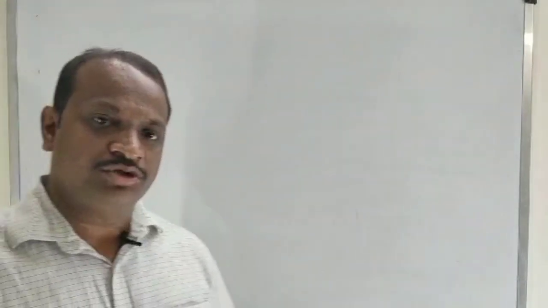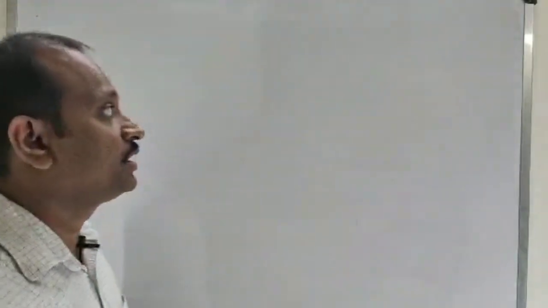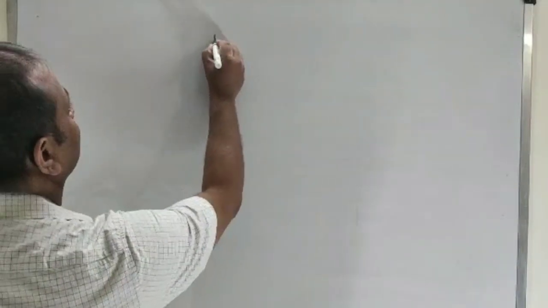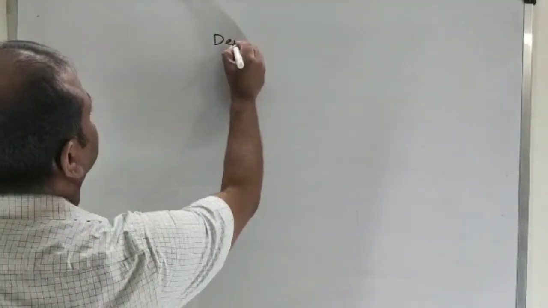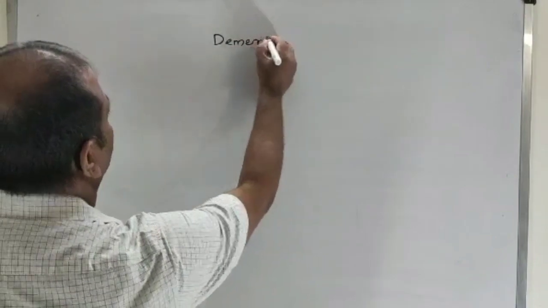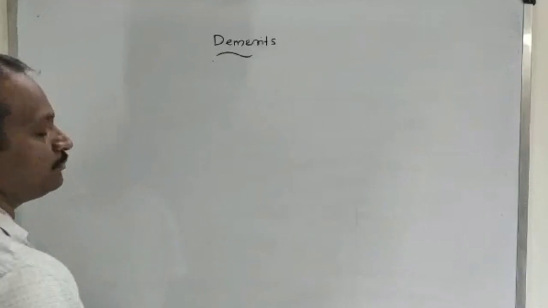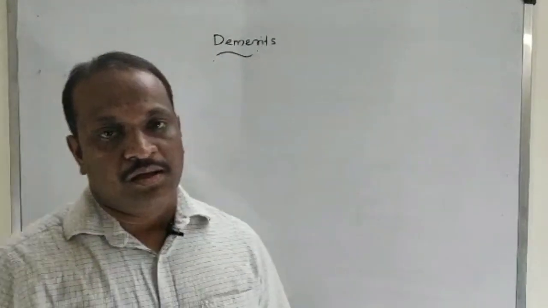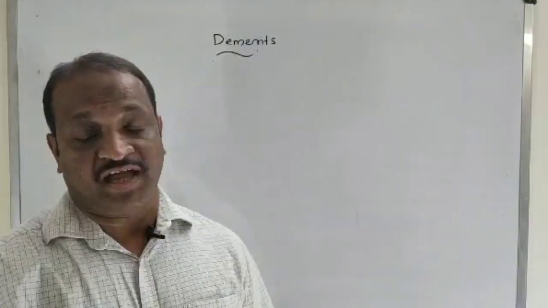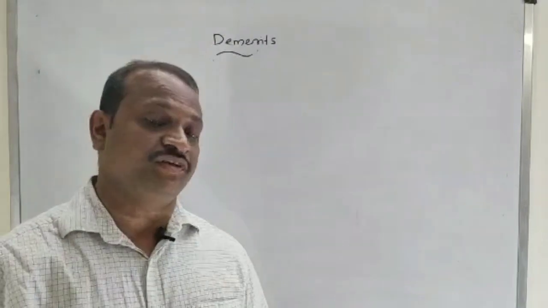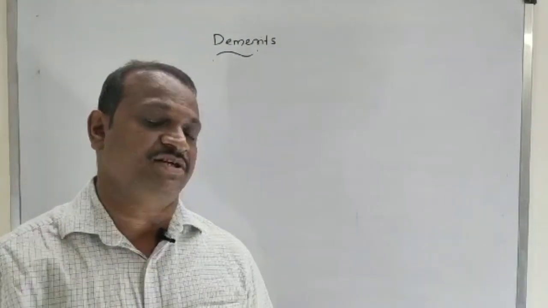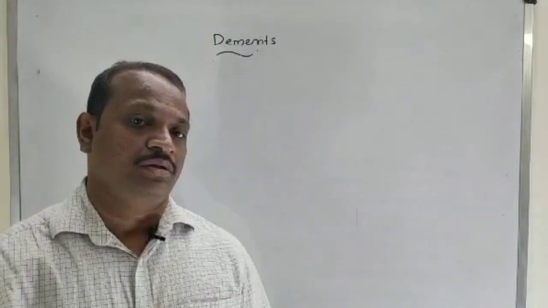Now let's talk about the demerits of Mendeleev's periodic table. First demerit: it is based on the increasing order of atomic weight. But consider isotopes. Isotopes are species with the same atomic number but different mass numbers.